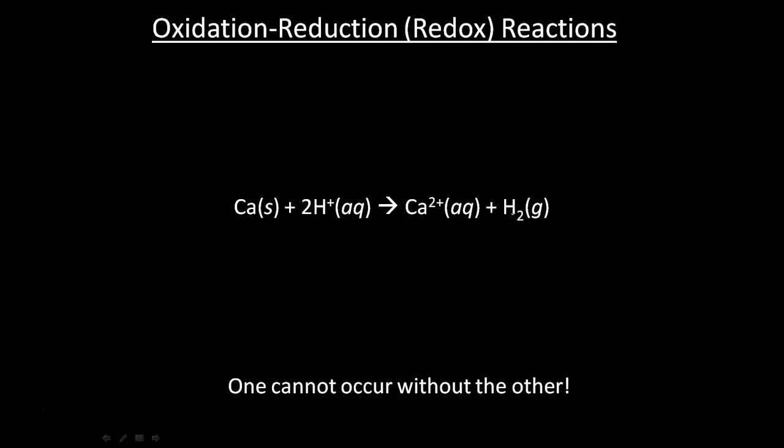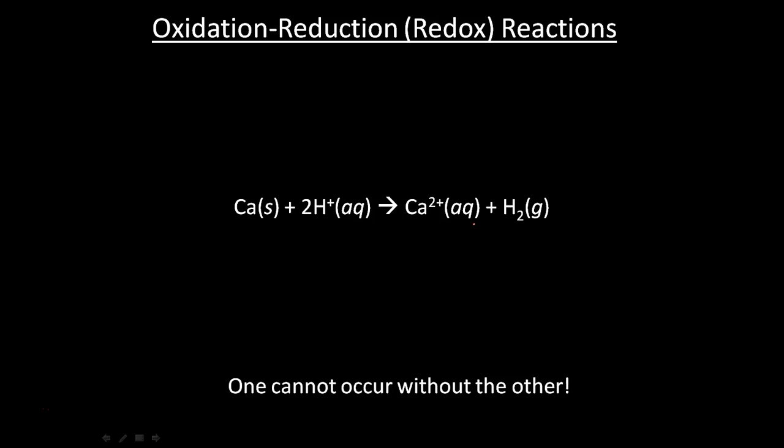Molecular hydrogen has 2 electrons, but these protons over here have 0 electrons. So 2 of the electrons are jumping off the calcium and bonding to the hydrogen ions, and those hydrogen ions make covalent bonds to form this molecule, leaving the calcium ion oxidized.